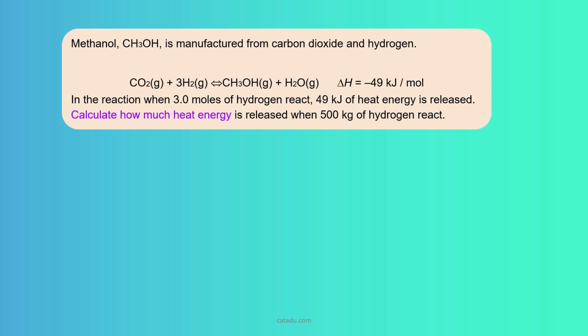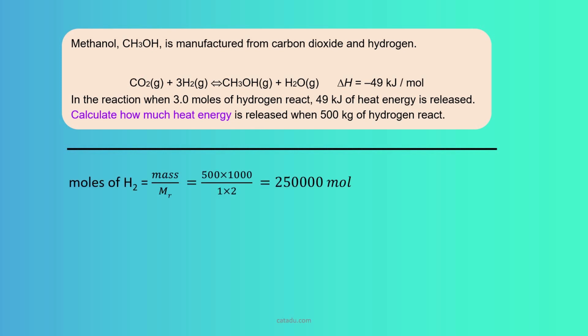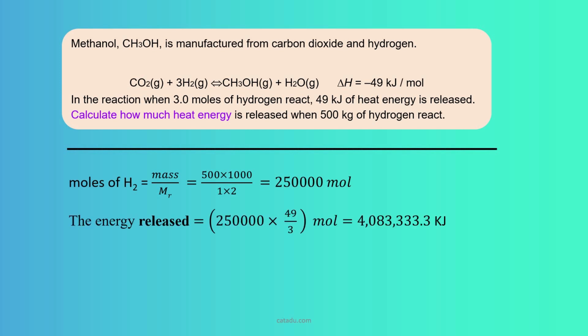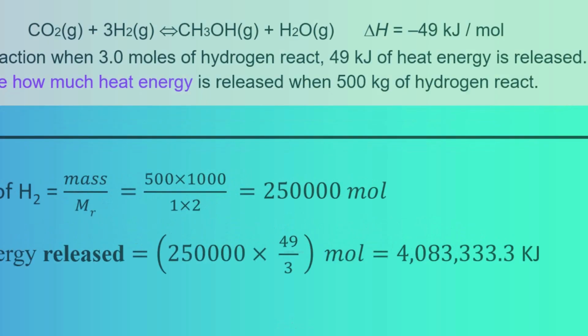First we have to find the mass of hydrogen in gram: 500 kg multiplied by 1000 gives gram, divided by Mr of hydrogen, we get the mole. The data given: for 3 moles of hydrogen, we get 49 kilojoule of heat. So for 1 mole, 49 by 3, and for 250,000 moles it will be multiplied. So we get the total amount of heat release, 4083333.3 kilojoule.